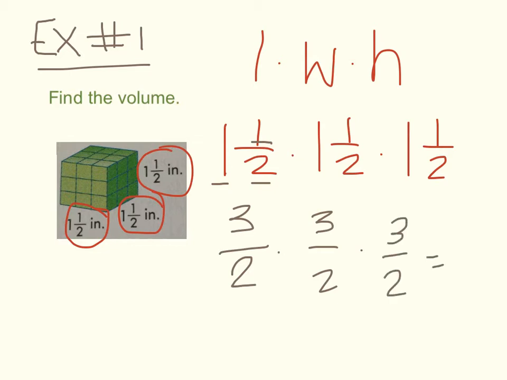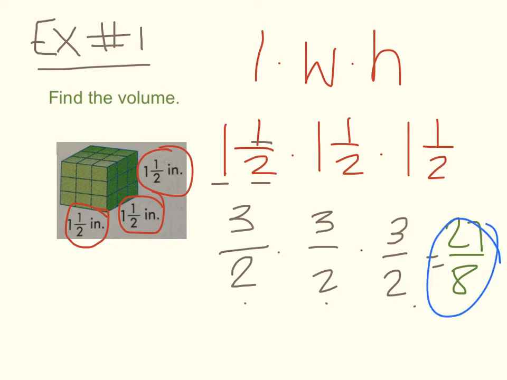Now when you multiply fractions, you just multiply straight across. So 3 times 3 times 3, which is 27, and 2 times 2 times 2, which is 8. So we get 27/8, but let's change it back to a mixed number. Remember, to change it back to a mixed number, you just divide it.